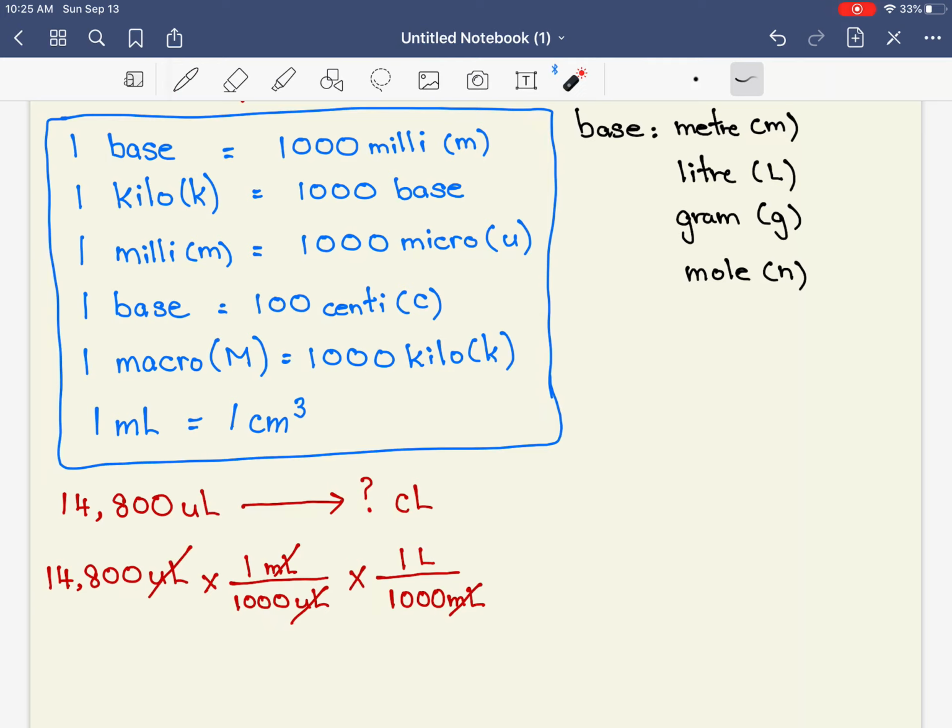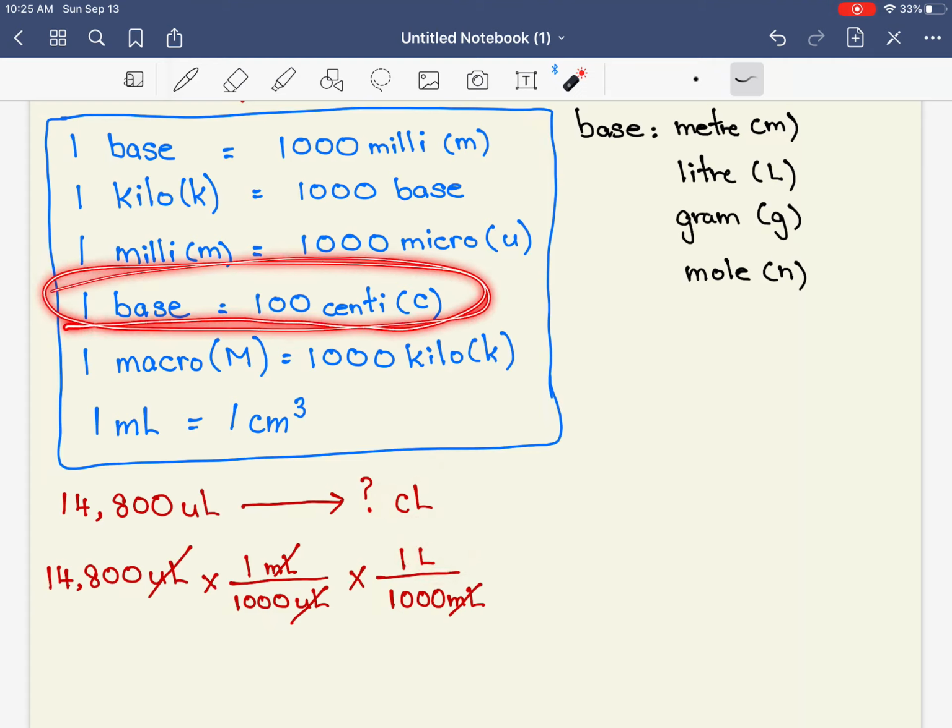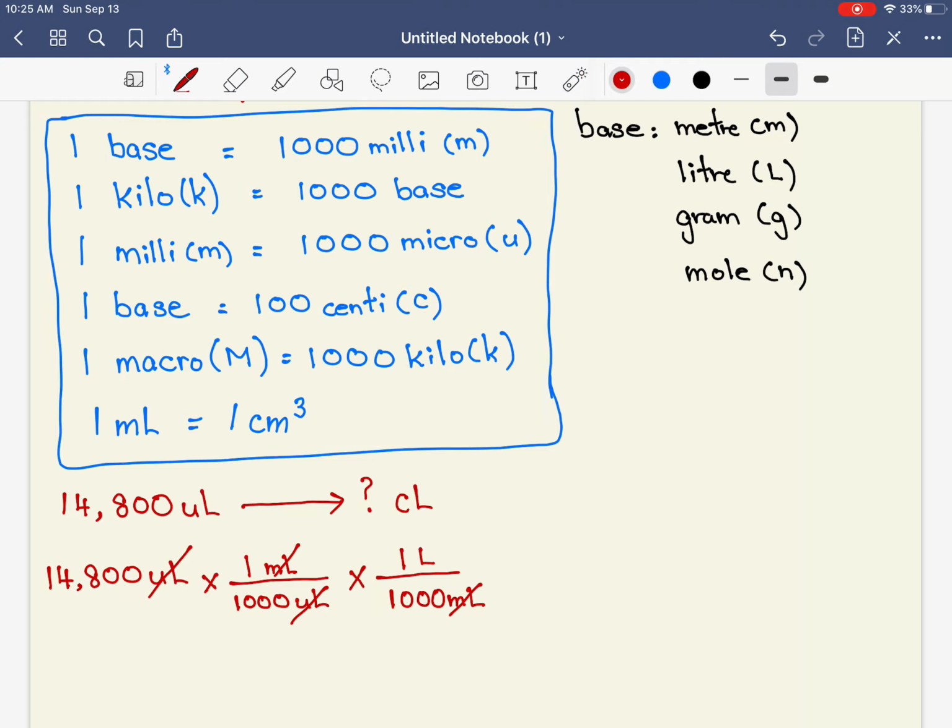Right now I have 1 base. Is there a relationship between base and centi? Oh, yeah, there is. Yes, there is. All right, let's plug that in. Okay, base and centiliter. I know that for every 1 base, as I see right here, is 100 centi. So liters and liters cancel, and what you have here is centiliter.